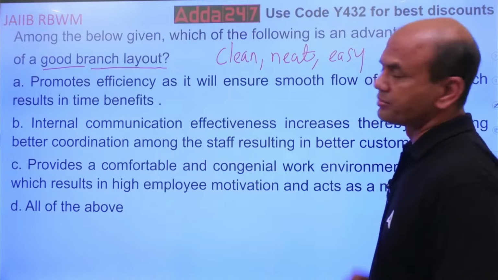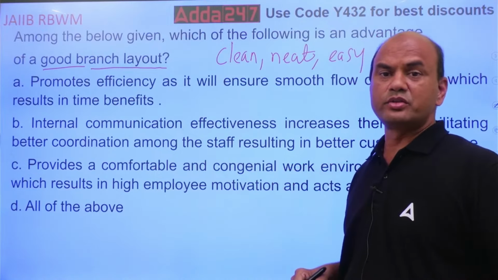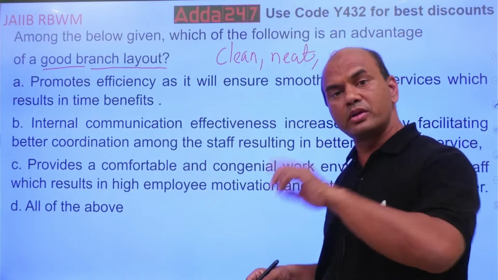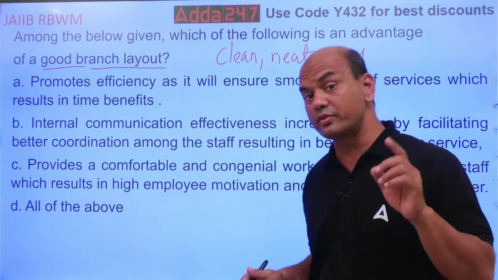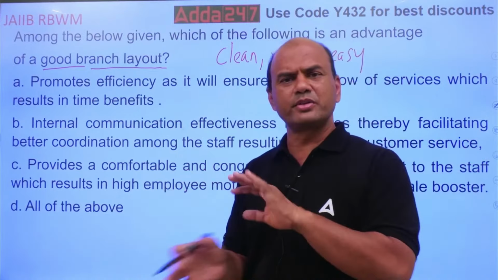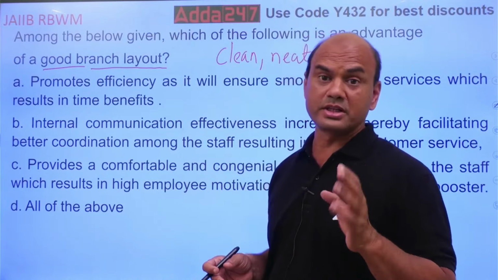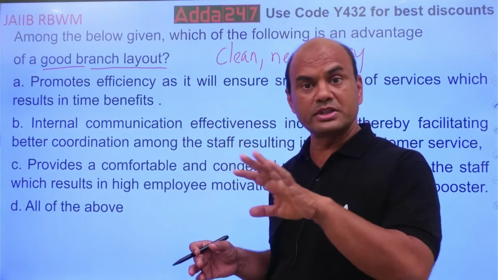Easy means all the counters should be linked to each other. It shouldn't happen that the customer has to go from one place to another again and again. Otherwise there will be a huge rush in the bank, and all the customers will be mixing with each other. So it should have a logical movement.